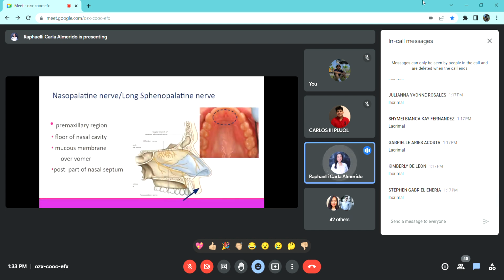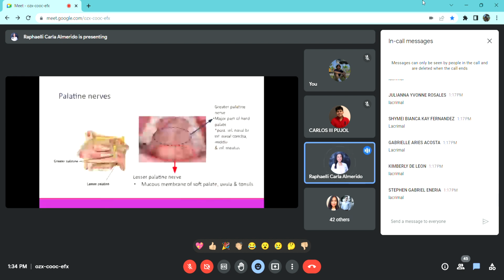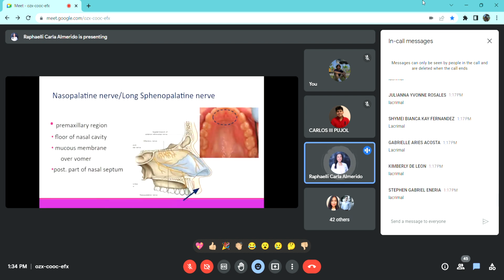So kanina, you saw this one, another branch of your nasal nerve, the medial or septal branch, which forms the nasopalatine nerve. Okay, so ito na siya.